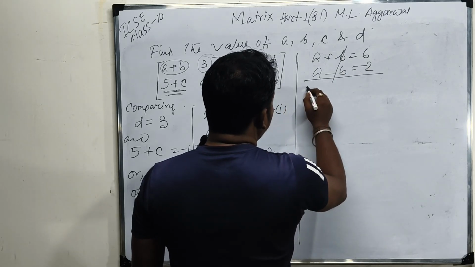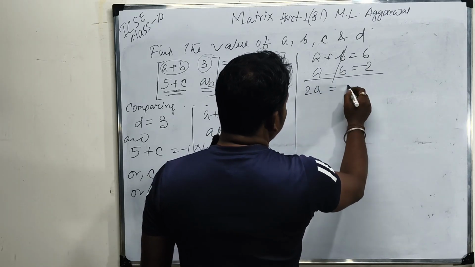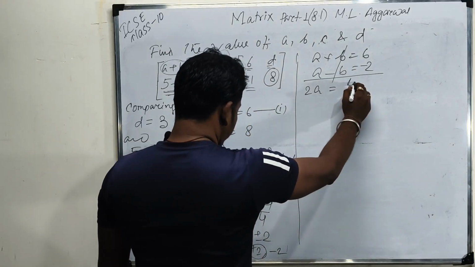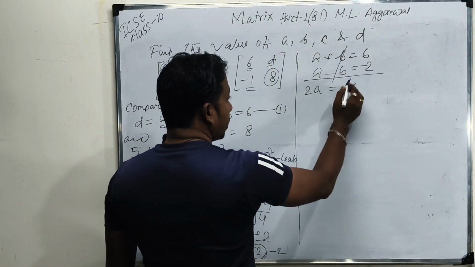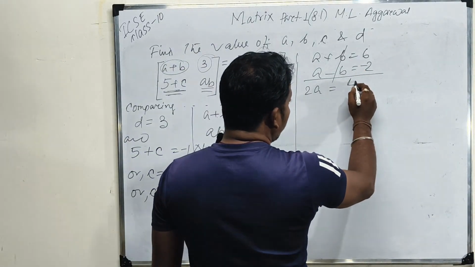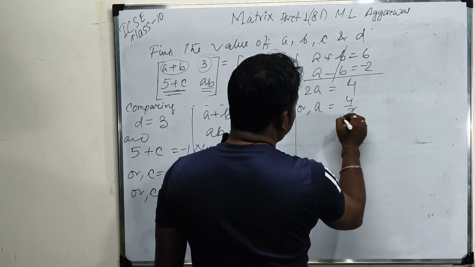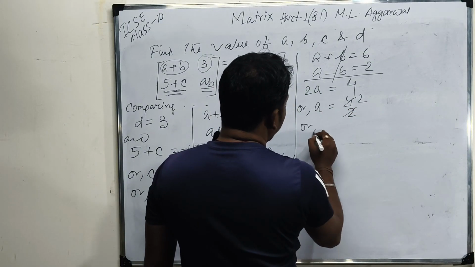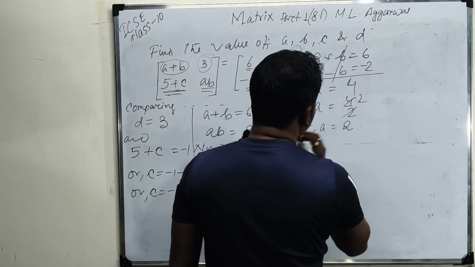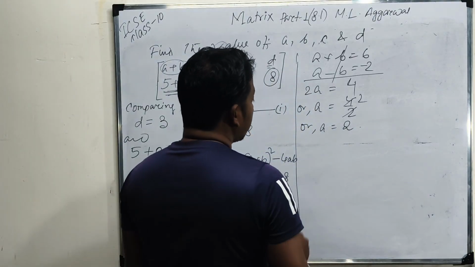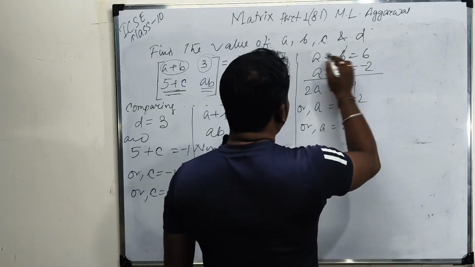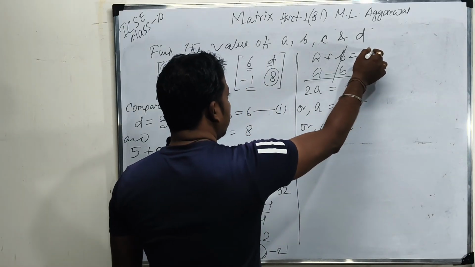Simply subtract it. Okay, we are taking the minus 2. 2a equals 4, or a equals 4 by 2, that is 2, 2 twos are 4, or a equals 2. Now substituting the value of a in any one of the equations, we just simply put it in equation 1.